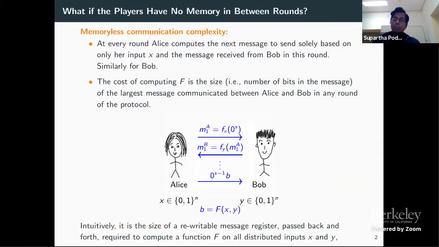Intuitively, it is basically the size of a rewritable message register that the players send back and forth in order to compute the function for all possible x and y. Now, I have a really nice story that goes really well with this setting, but maybe I'll keep it for the discussion session.